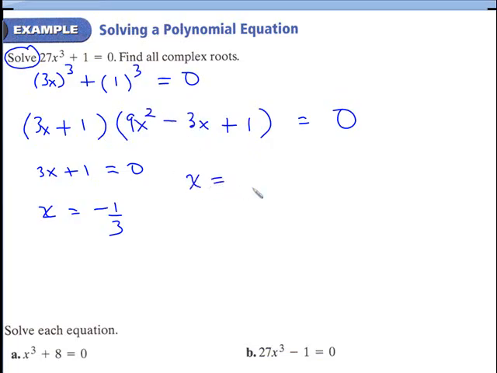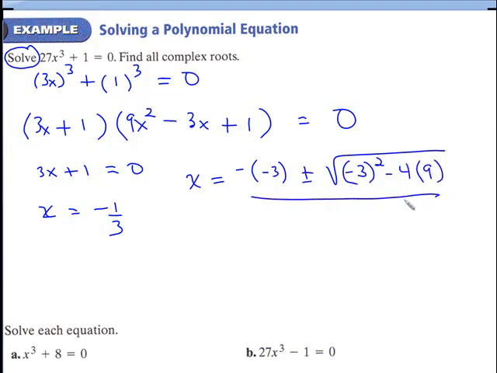So x is going to equal negative negative 3 plus or minus the square root of negative 3 squared minus 4 times a times c is 9, all over 2 times a, which is 9. So we'll end up with positive 3 plus or minus. This will give us 9 minus 36.